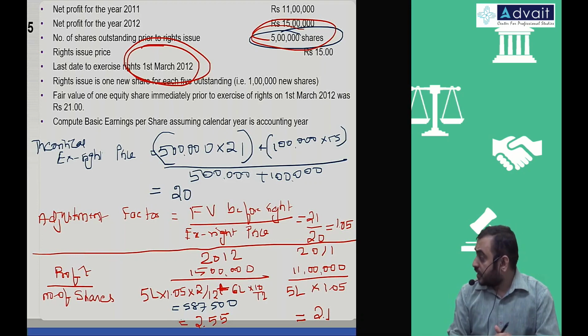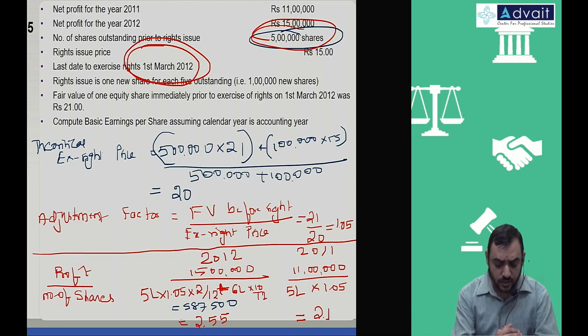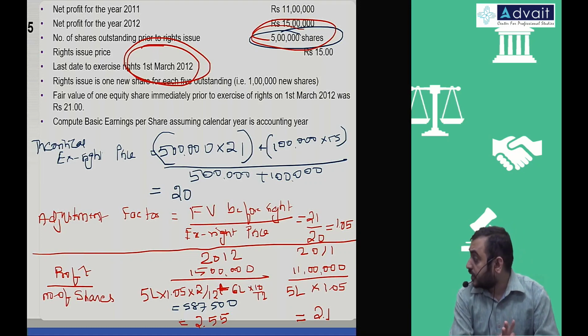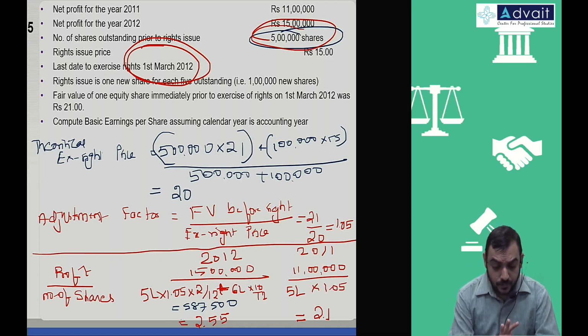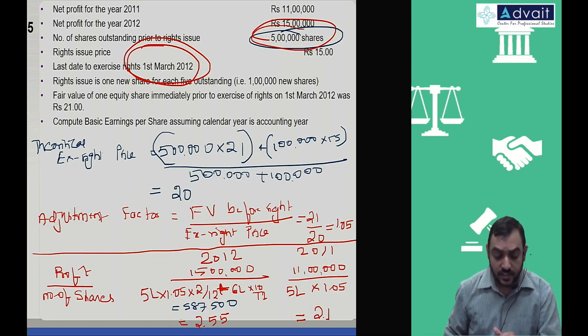And just to remember the adjusting factor, write one note regarding when it should be considered and till what time it should be considered. For adjusted EPS, the number of shares is multiplied by the adjusting factor.